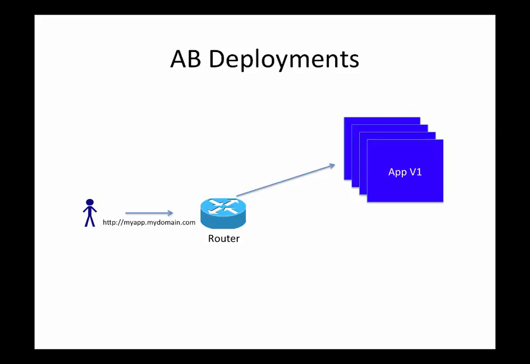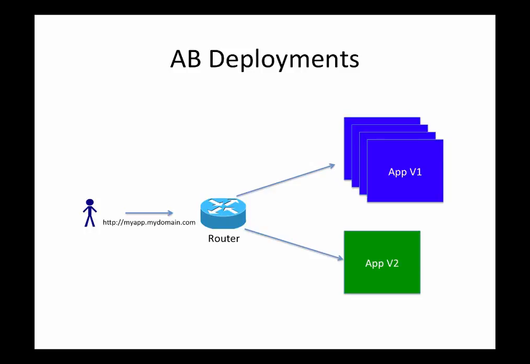Now, let's say you need to make changes to this application, and at that point, you introduce a changed version of this application. In case of A/B deployments, instead of turning off the older version of your application and then switching over to the newer version, what you would try to do is run both the versions of the application at the same time.